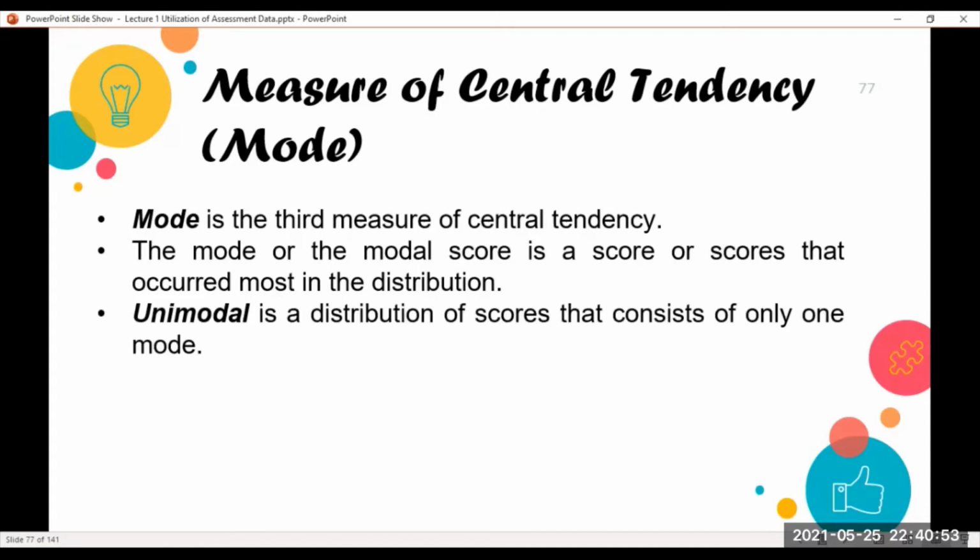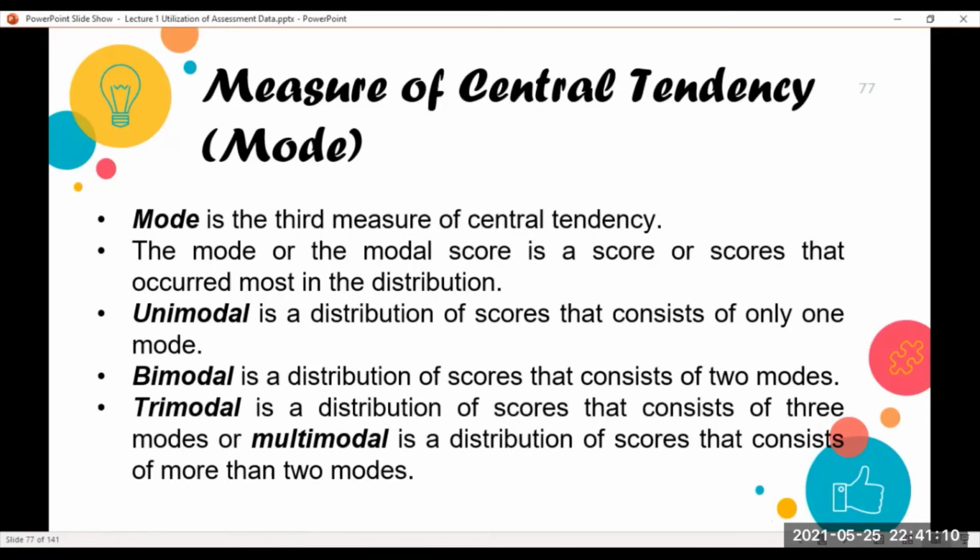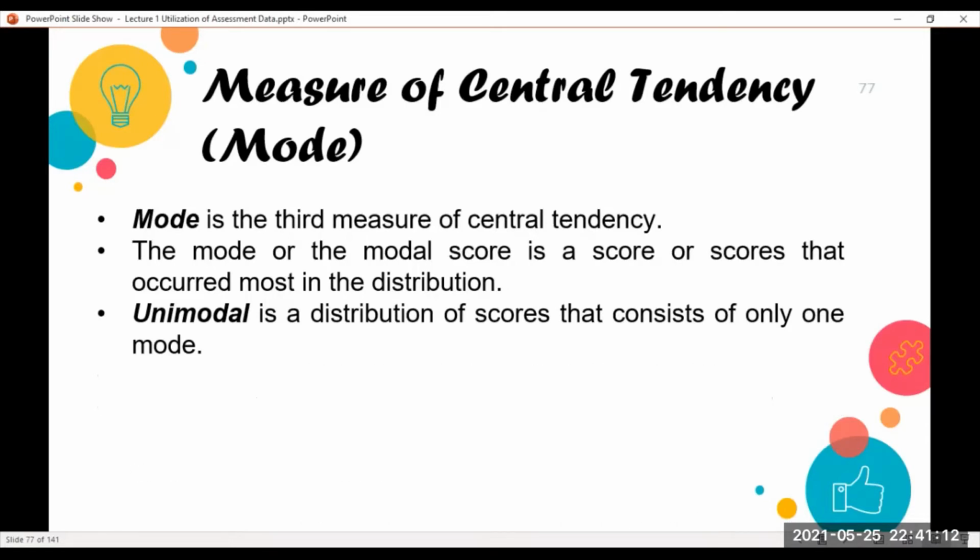Okay, and of course, since I did mention to you that you can find two or more scores, that is true because our mode has classifications. You have the unimodal, you have bimodal, and then of course we have trimodal, and then you also have multimodal. For unimodal, that is a distribution of scores that consists of only one mode.